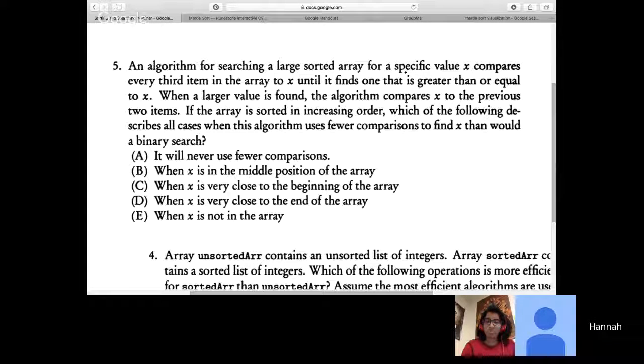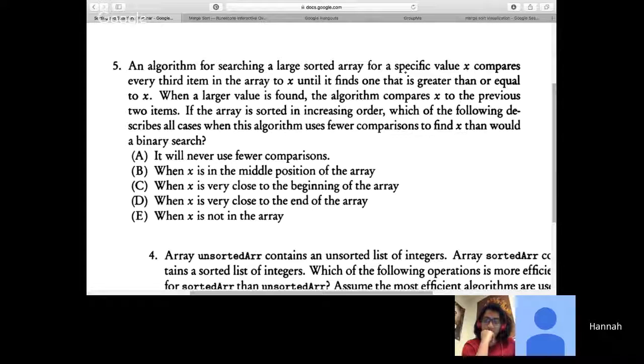And so it would probably take us a couple of passes through the algorithm in order to get to the beginning of the array. So that is why it's going to work best for the beginning of the array, better than a binary search.